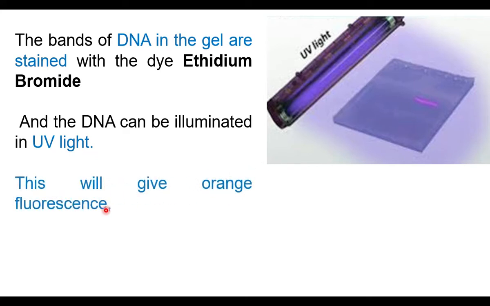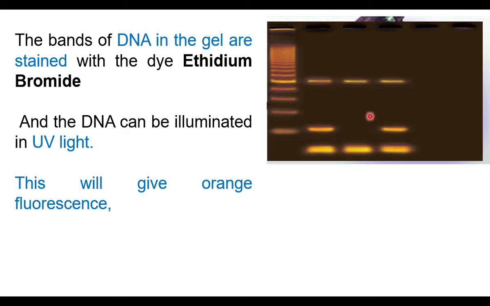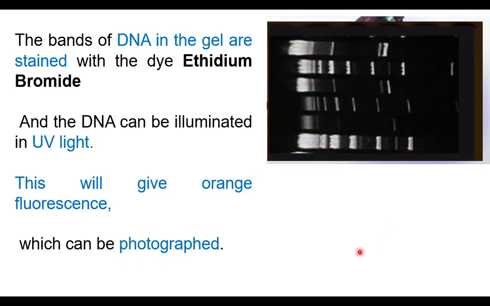This will give orange fluorescence. Orange fluorescence represents the DNA molecules. Ethidium bromide shows fluorescence. Ethidium bromide is absorbed by DNA, and the bands can be photographed.